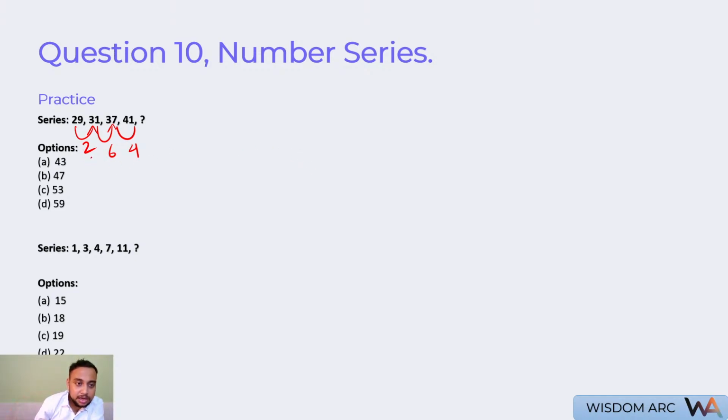See, here 2 becomes 4, so the 6 will become 12. This is a question where you need to think a bit out of the box. You can't think in the same pattern always. So 41 plus 12, 53.